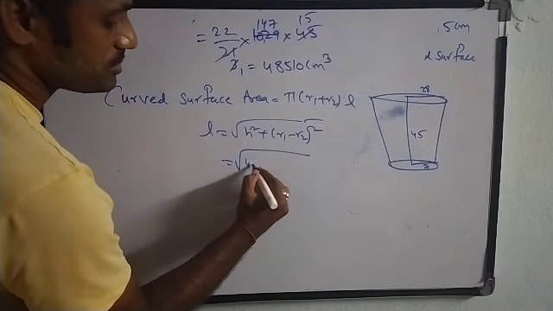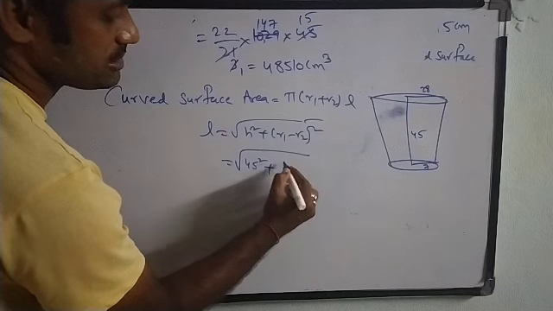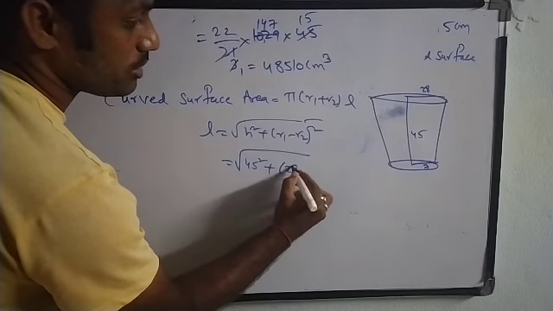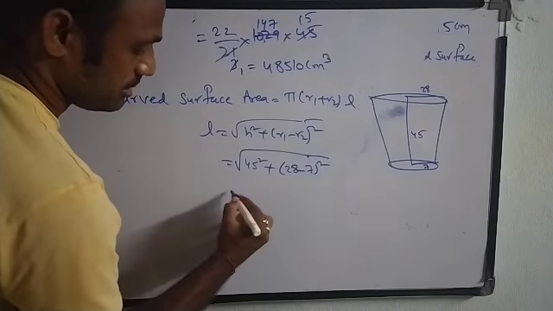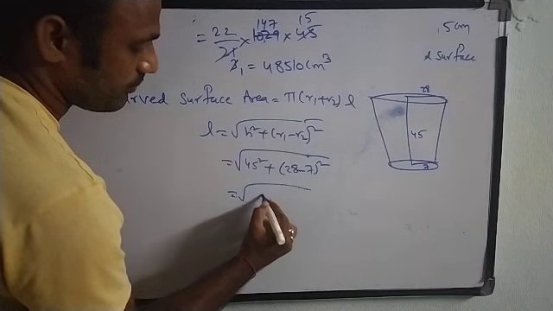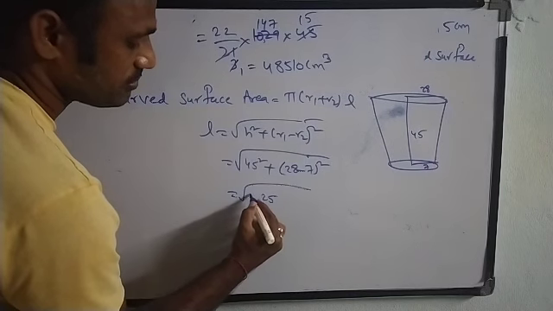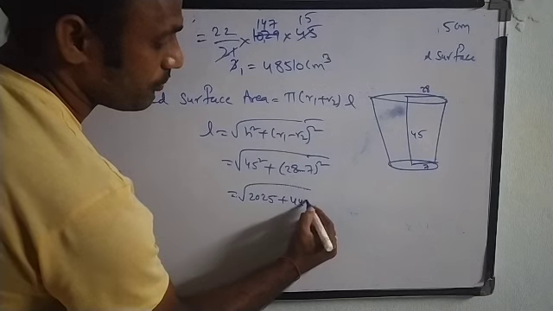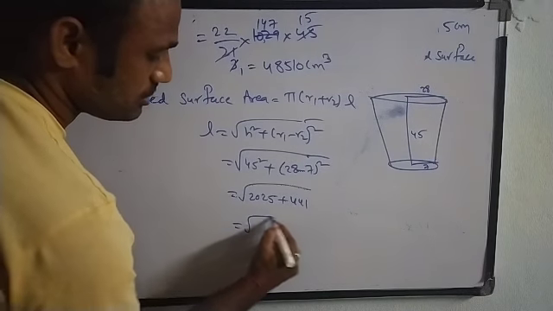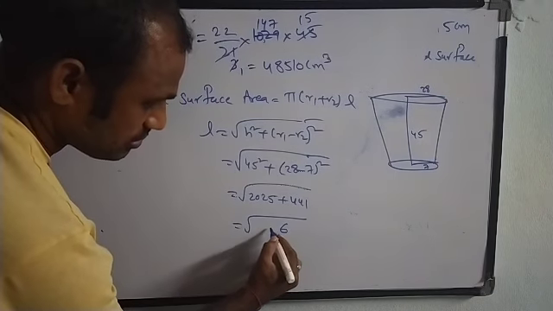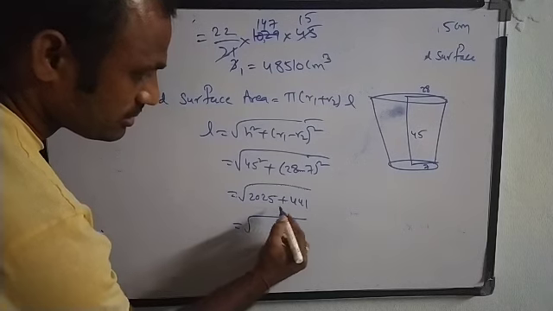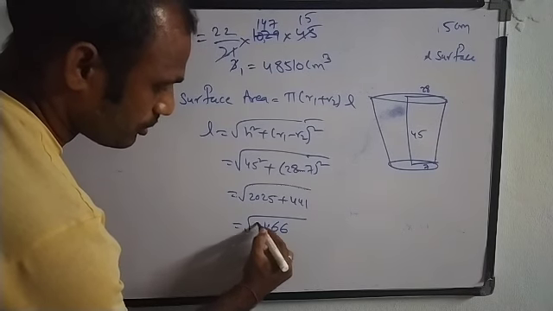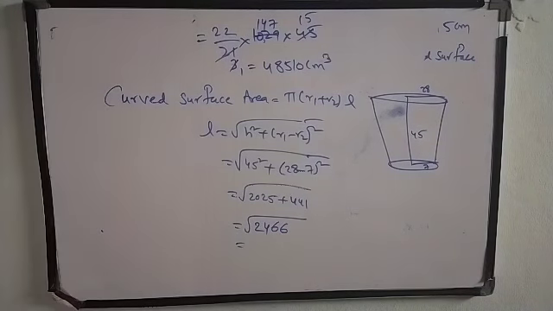So h square is 45 square, plus r1 minus r2, that is 28 minus 7, whole square. So 45 square is 2025, plus 28 minus 7, that is 21 square, 441. So root of 2466.